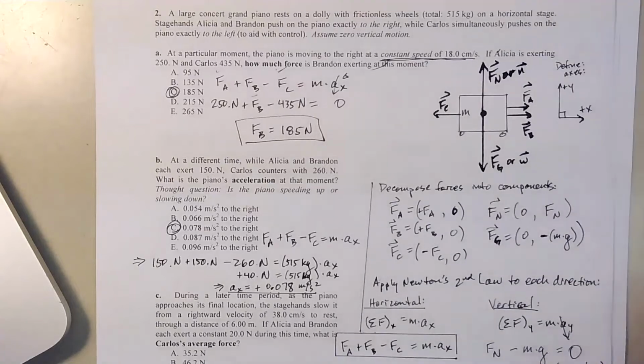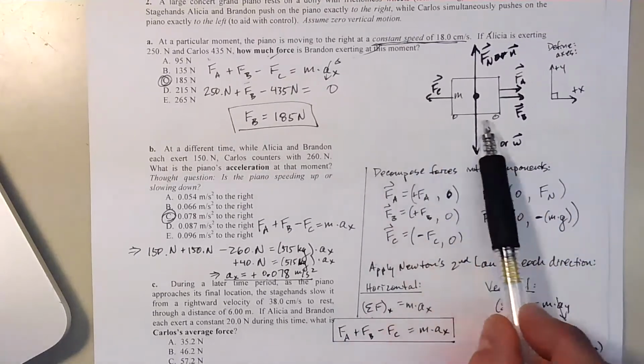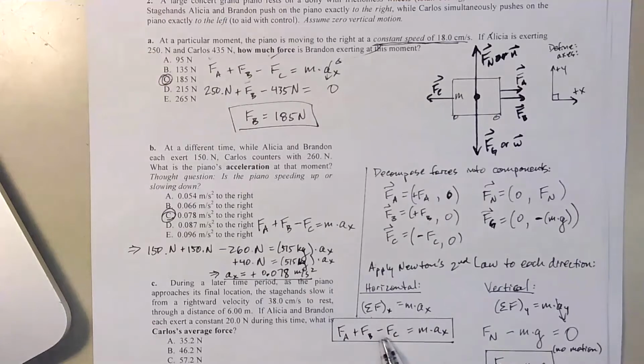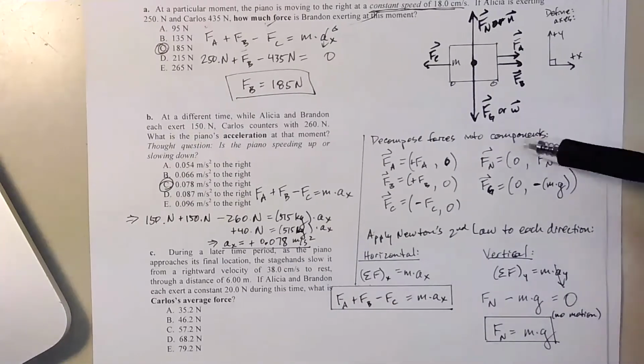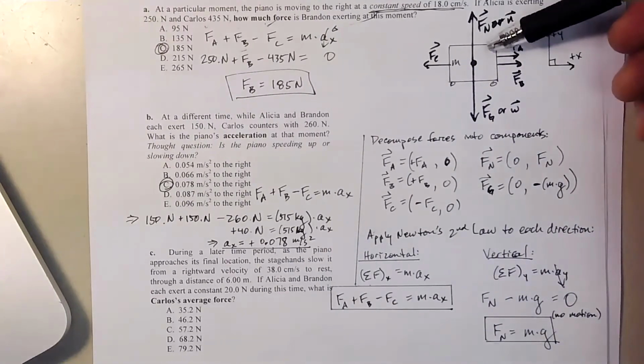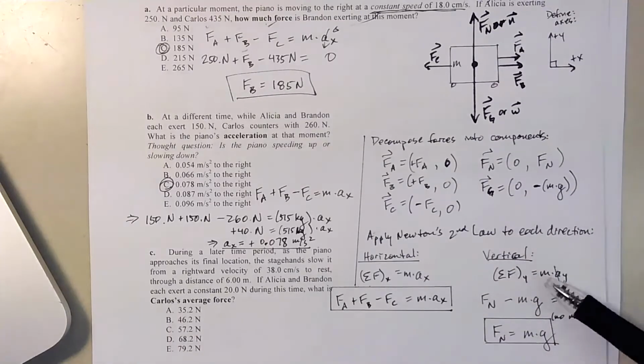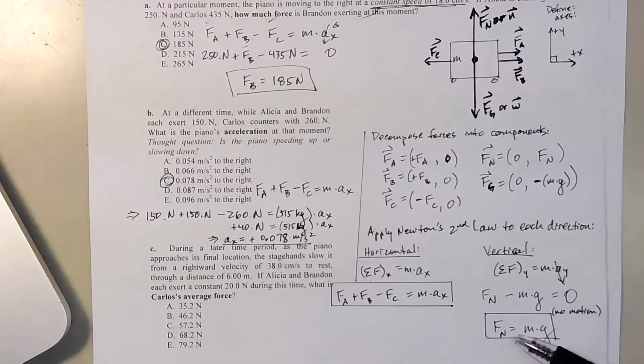All we'd have to do is simply add in some friction or something on the horizontal surface, and then there'd be another force here, and then this would no longer be a true statement. Or one of these people would have to push in a diagonal direction, either downward or upward, and then all of a sudden there would be a y component in this expression here, and this would no longer be a true statement. So we don't bother to memorize these derived results for specific cases, unless it's a really common case.